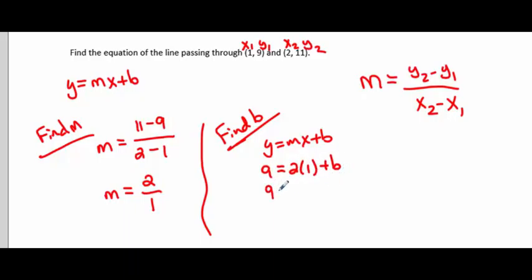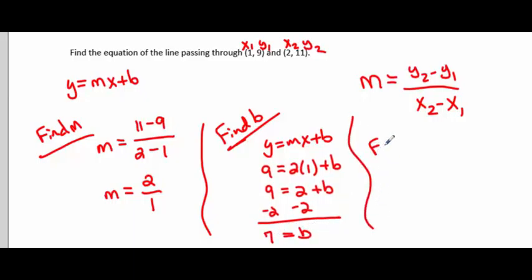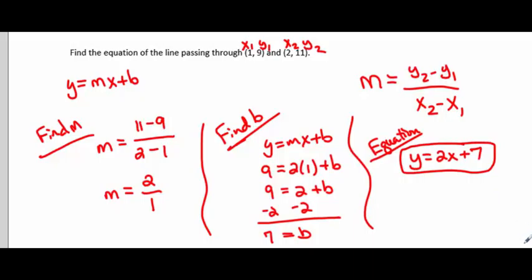So, 9 equals 2 plus b. If I subtract the 2, that isolates b. B is going to be equal to 7. Okay, so here's our equation, which is our answer. The equation is going to be y equals, slope was 2, x, and then b was 7. So there it is. Please stay tuned for an example to follow.